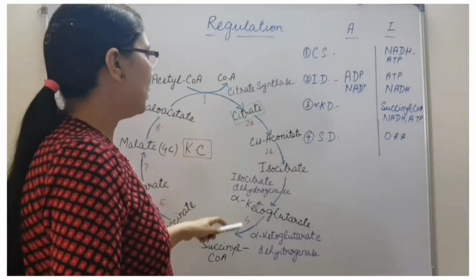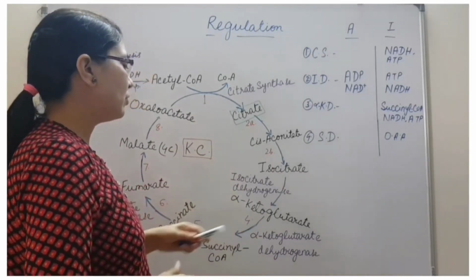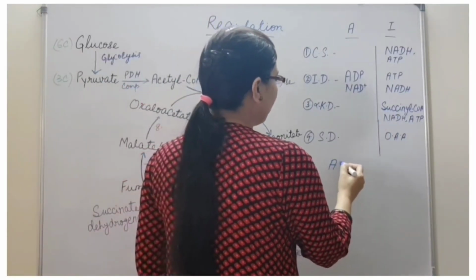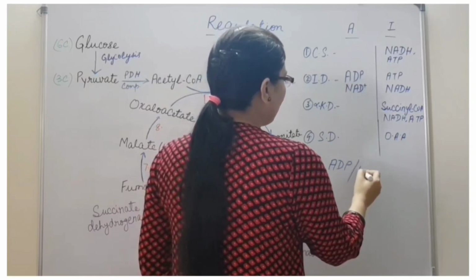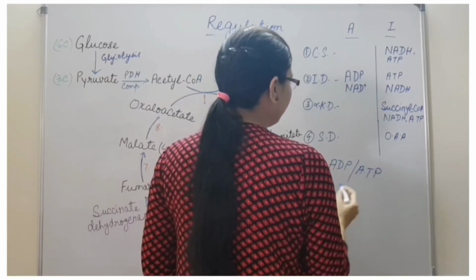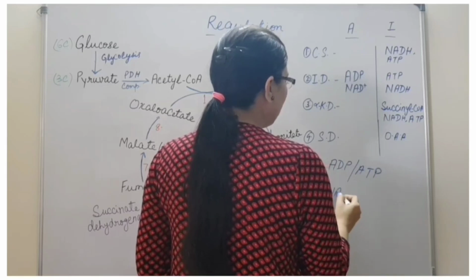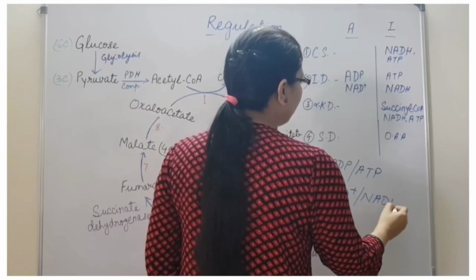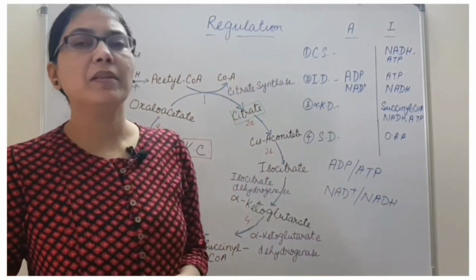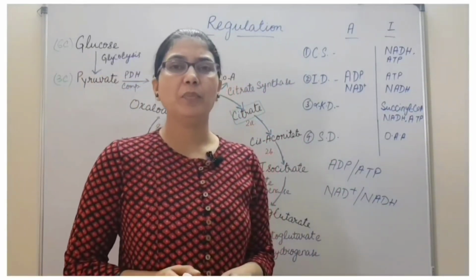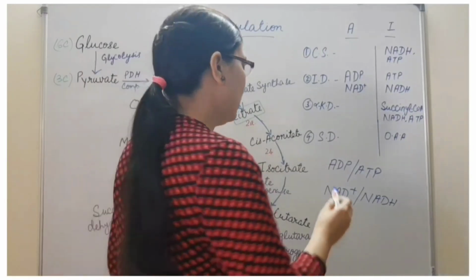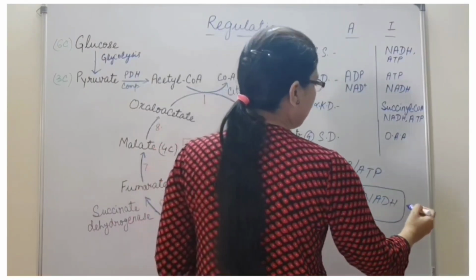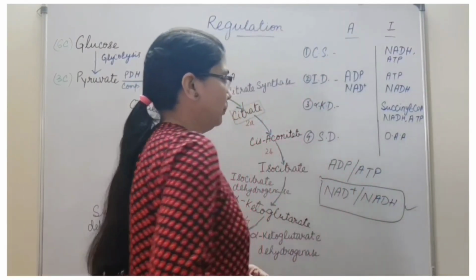Among them, the first 3 are controlled by ADP to ATP ratio and NAD plus to NADH ratio. ADP and NAD plus are activators and ATP and NADH are inhibitors. The most important regulatory factor is NAD plus and NADH ratio.